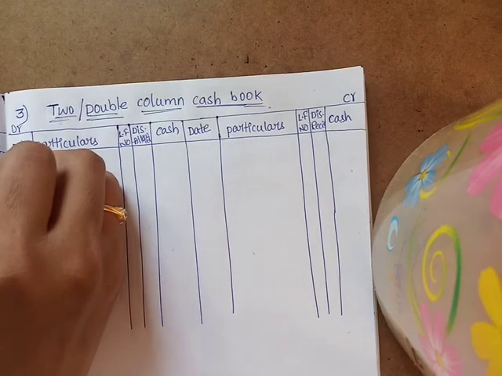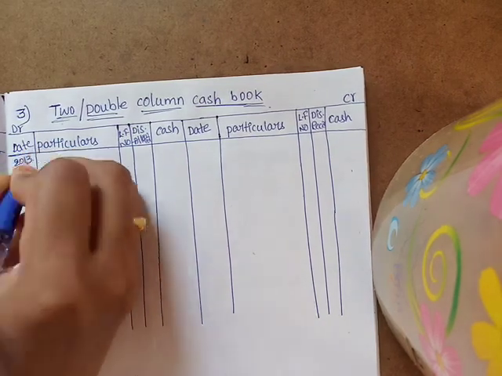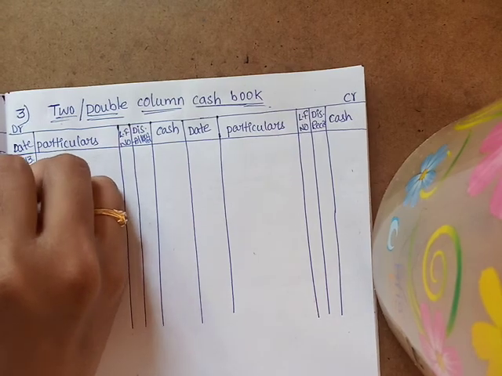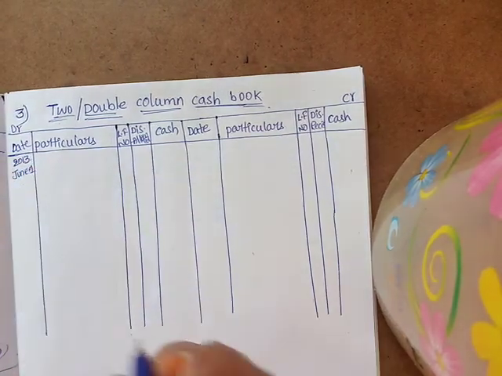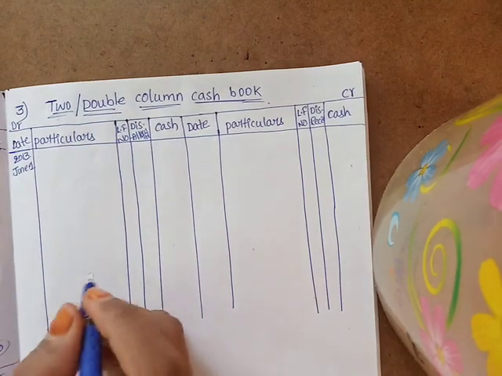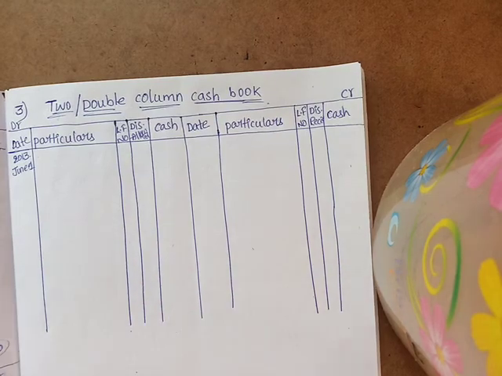Which date? 2013 June 1st. Okay, June 1st, balance of cash in our hand. So on this date 5,200 amount is there in our hand.